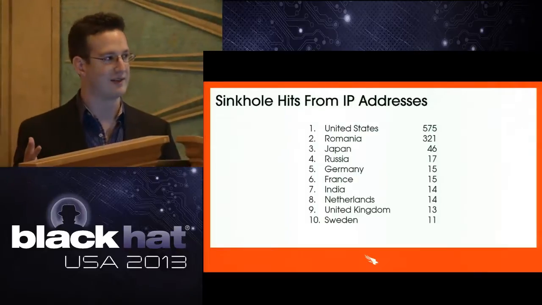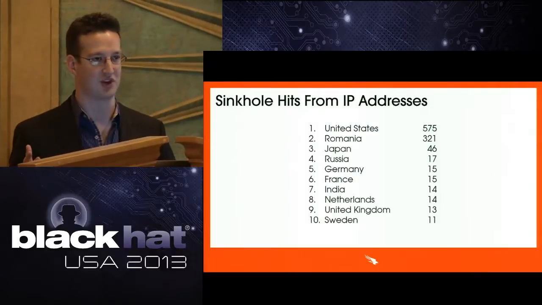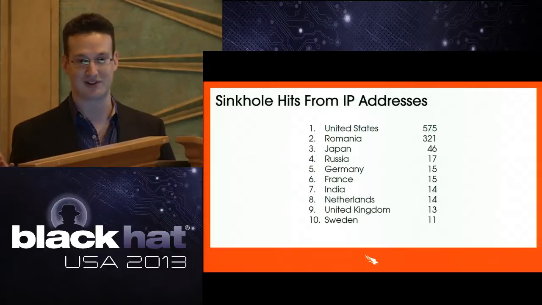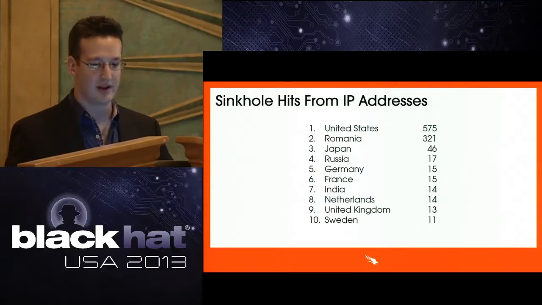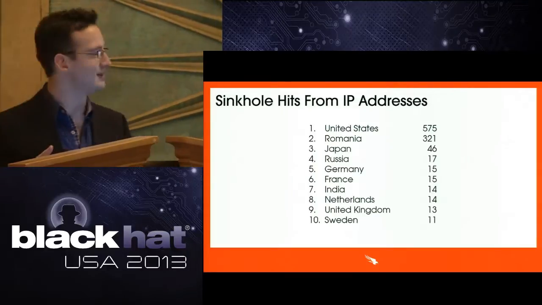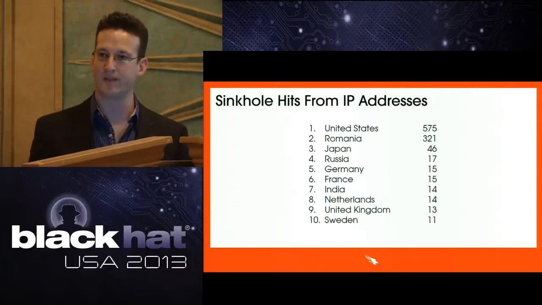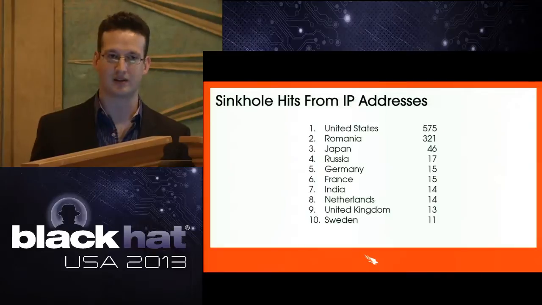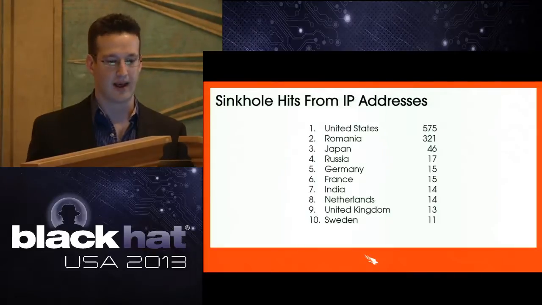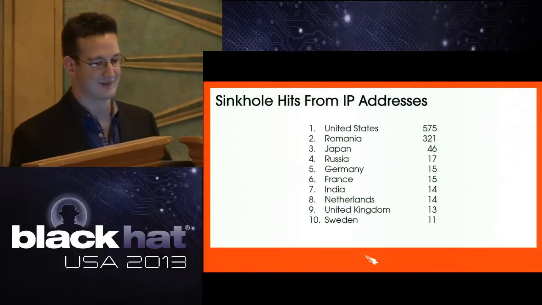And Romania definitely does not have the second highest population of people or computers in the world. So this would further suggest that the malware author might be living in Romania, or maybe the initial targets were Romanian targets, but certainly it is an interesting piece of data.